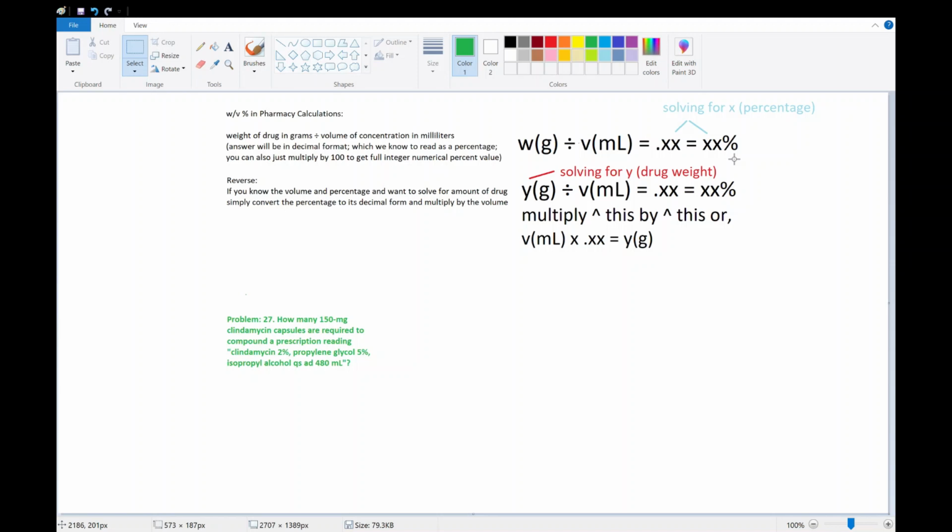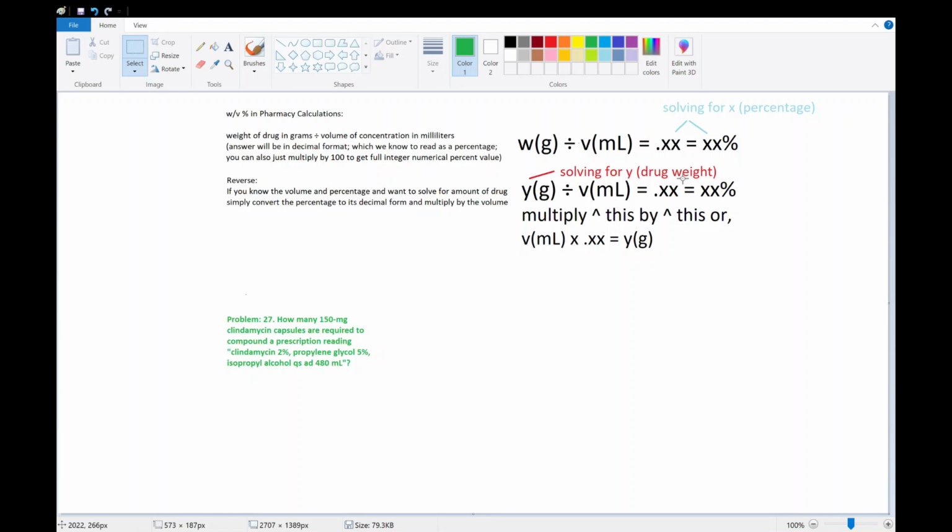If the word problem is giving you the weight of drug in grams and the volume of concentration in milliliters, and they want to know the percent, the steps are very simple. You divide one by the other, you get your answer in a decimal form, and you recognize that that is a percent, just expressed differently, and all you need to do is convert it to a percent for your answer, written as a percentage.